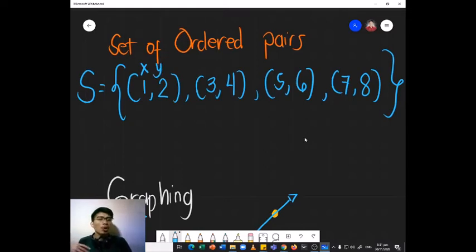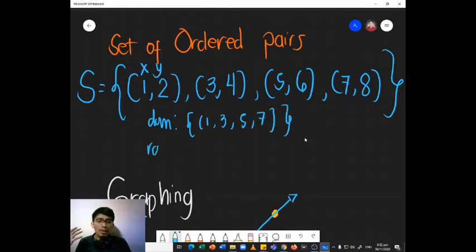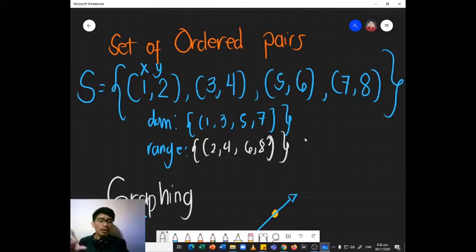What is the domain of this set of ordered pairs? We have 1, 3, 5, and 7. These are our domain, or our x. What is our range in this set of ordered pairs, ladies and gentlemen? We have 2, 4, 6, and 8. Those are the domain and range.